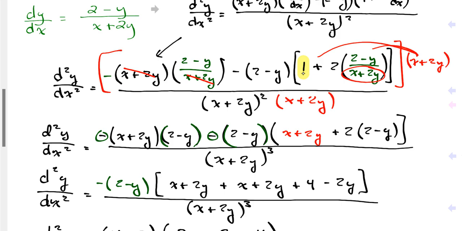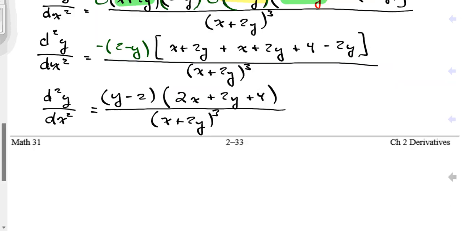You got 2 minus y there. So I couldn't factor out with 2 minus y. But this 2 minus y was still there. Yeah, but why do I have that?